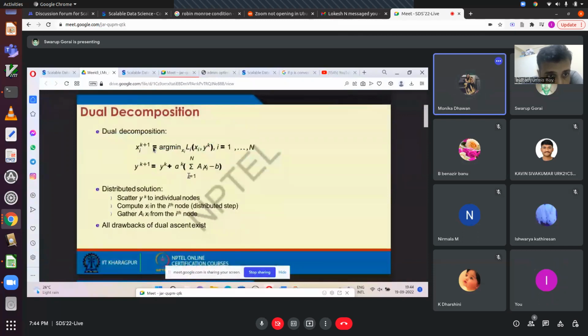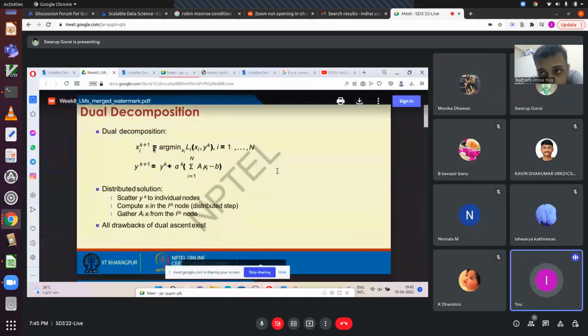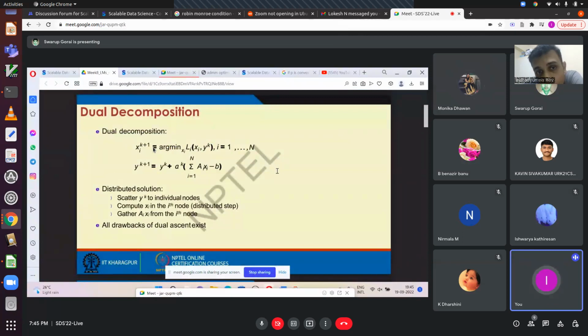Now, n is the number of functions into which it has been decomposed. Over each of those individual functions, you have a separate loss because the loss has also been decomposed. So over those n loss terms, you compute the xk plus 1 separately. The idea is that these things can be done in parallel, in a distributed way.